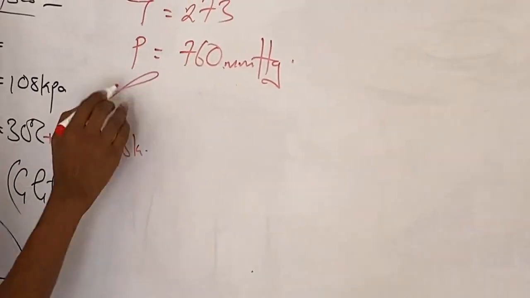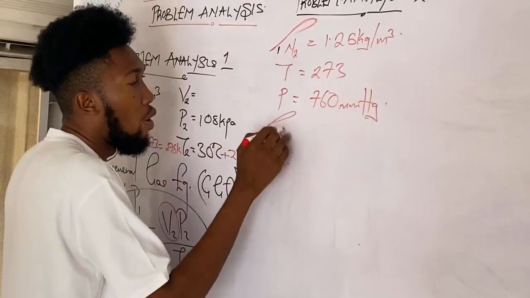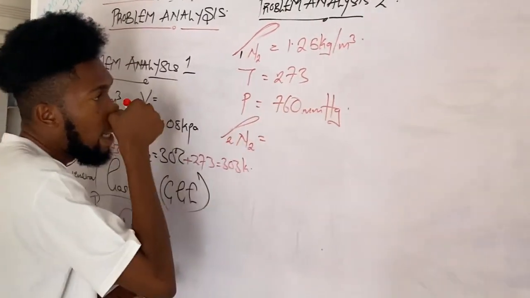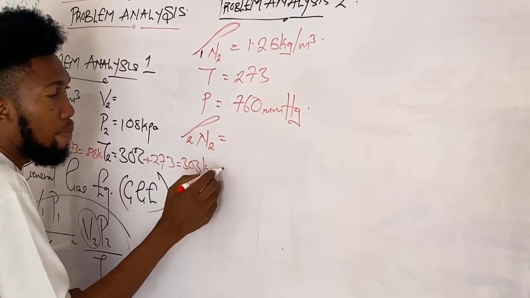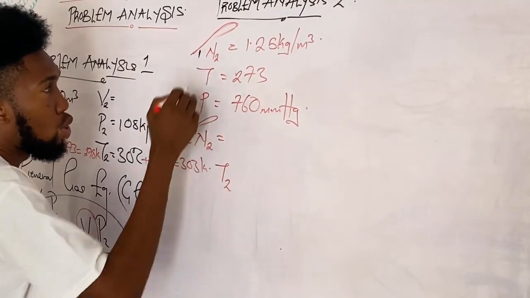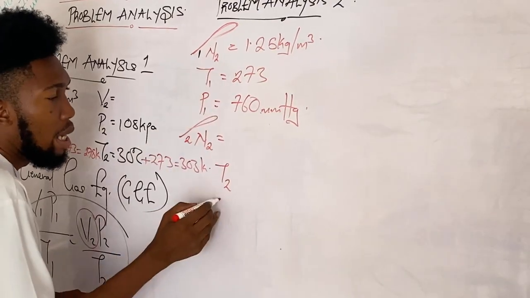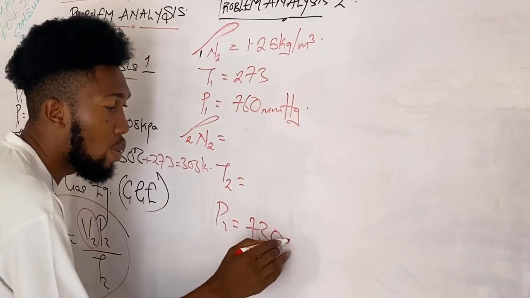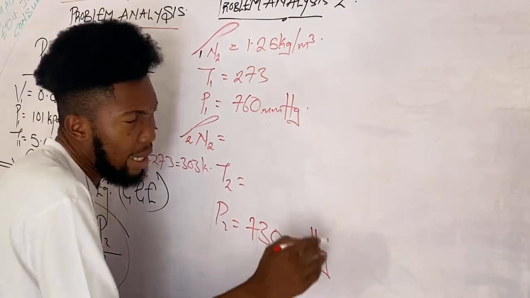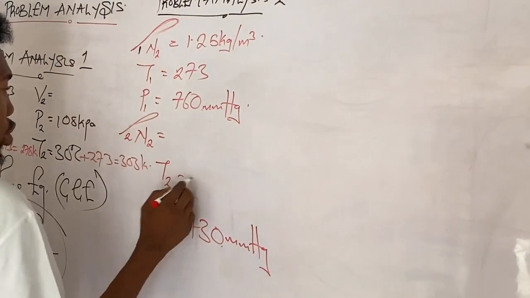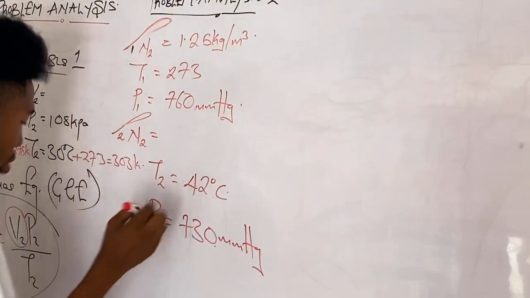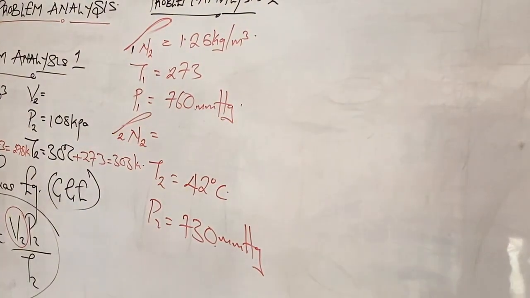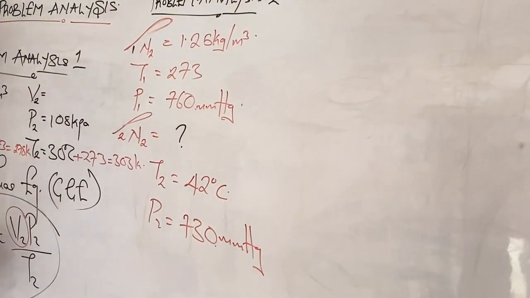So that is density 2 of that nitrogen when the temperature, which I call T2, and pressure P2, in situation 2, are given in the question. The pressure is 730 and the temperature is 42 degrees Celsius. So this is our problem there.